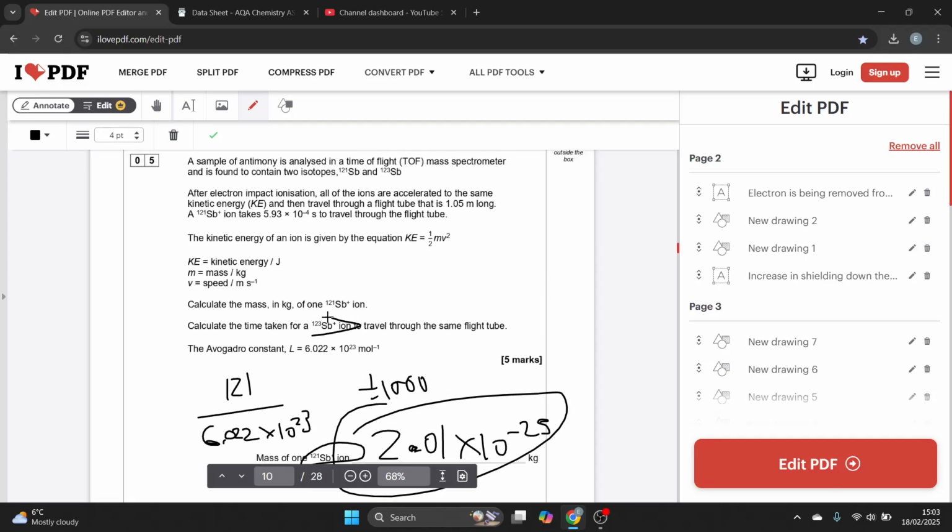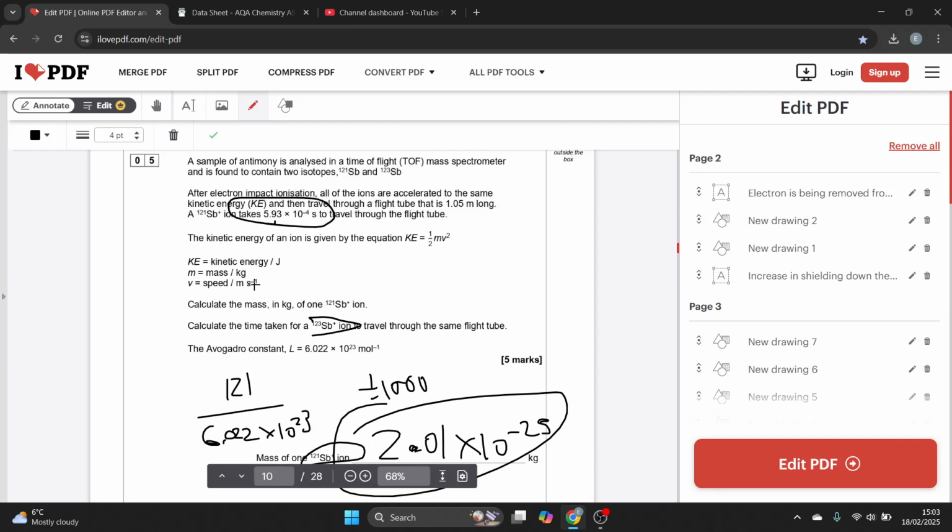Now I want to calculate the time taken for the 123 Sb plus ion. And I've got the mass of it, and I know that it takes this long to do it. So I know KE equals that. What I need to find out is the velocity, and then I can find out the time taken. Perfect.